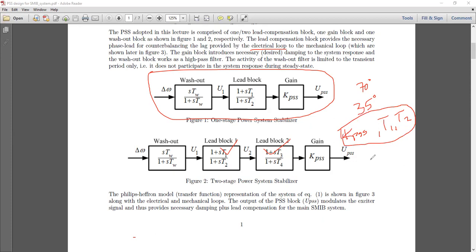Then you simply set T1 equal to T3 and T2 equal to T4. So for 35 degree, you design a single lead block. For 70 degree, you simply assign these values so that you don't have to go for further complexity in your calculation. You can make them identical just by making T1 equal to T3 and T2 equal to T4. And while designing, just take half of the actual lag, so let's say it is 35 degree. In this way, you can get quick results.